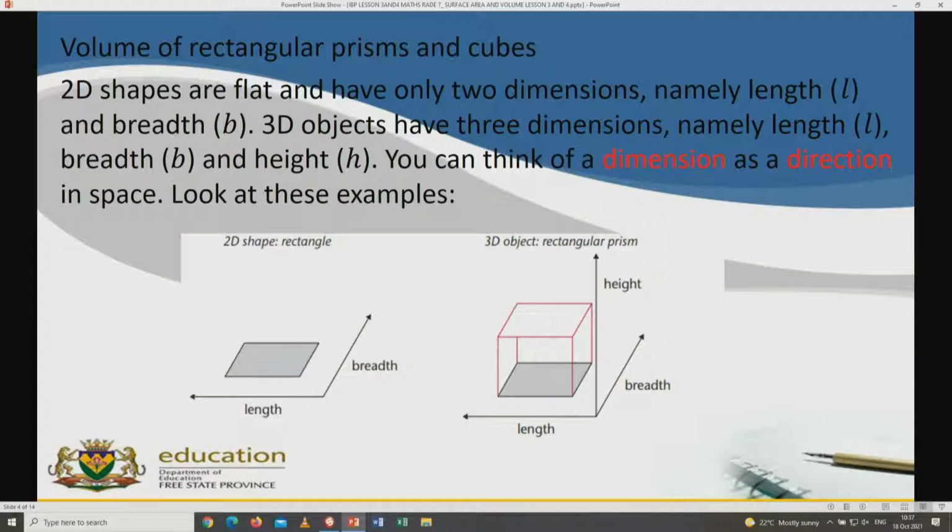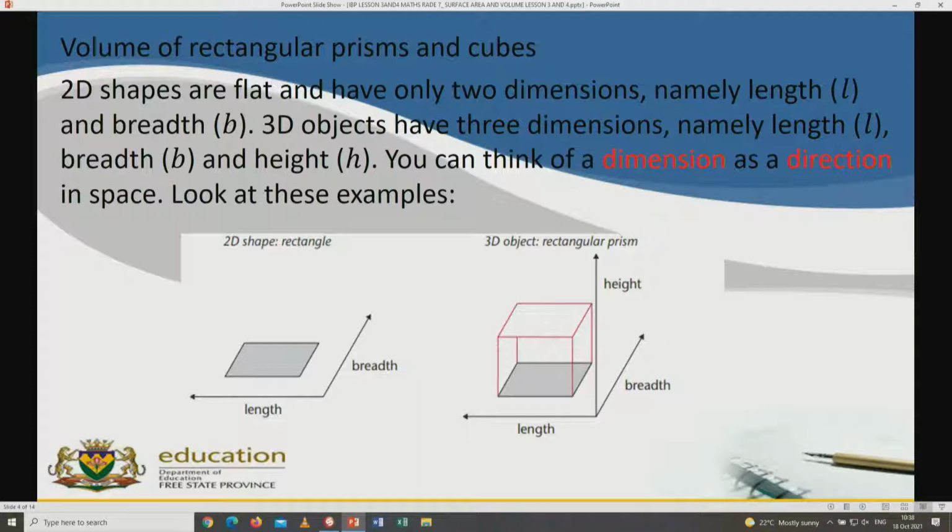Because if we put them together, we end up with the objects. And the objects, they do what? They will occupy the space. We will see at a later stage. Now, the 3D objects have 3 dimensions, namely, as I said, the length, the breadth, and the height. I am now talking about rectangular prisms and cubes as our focus.